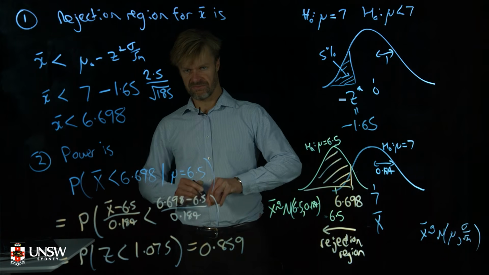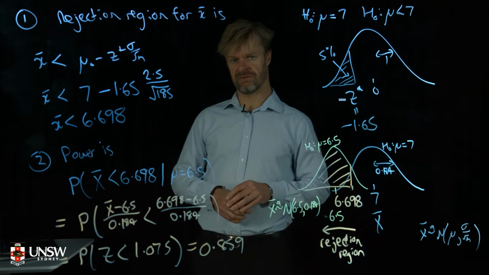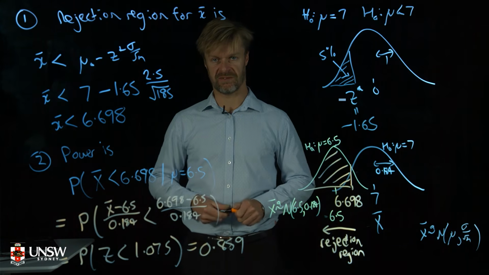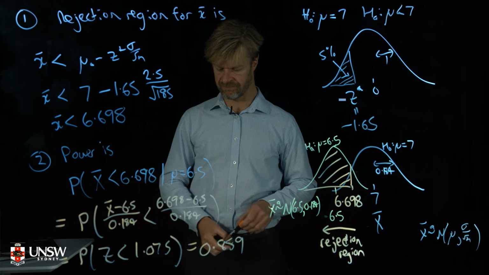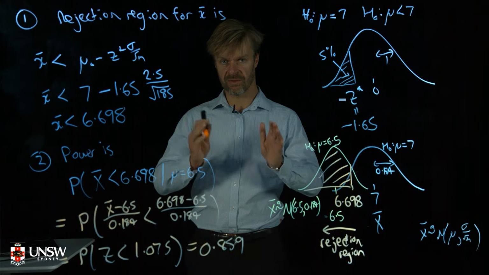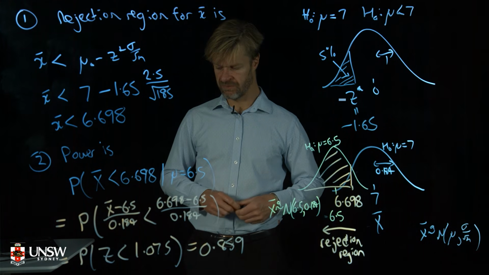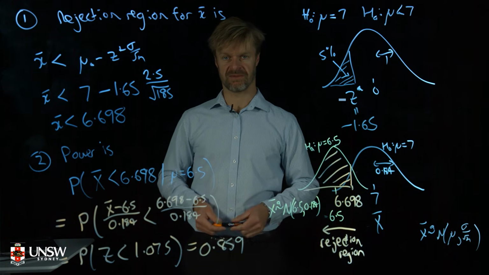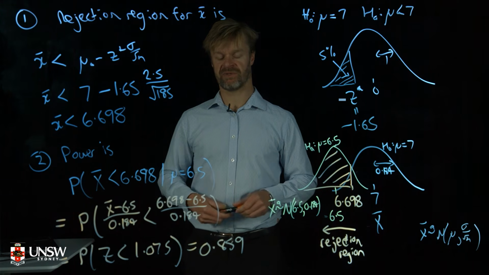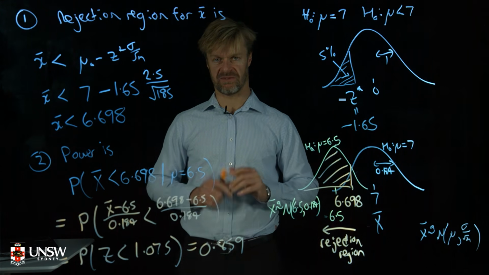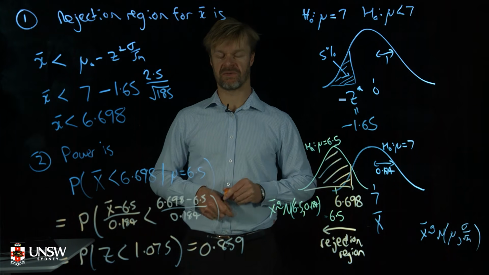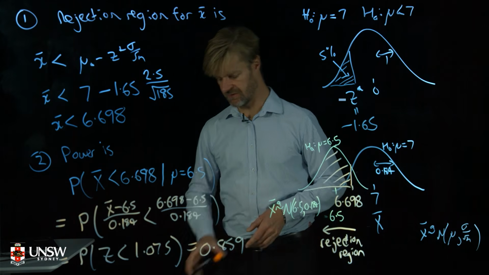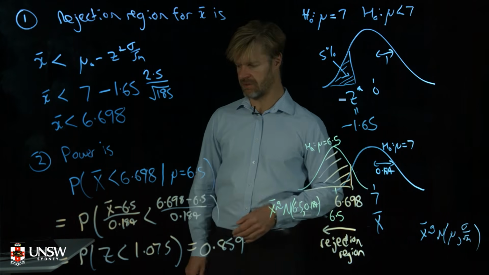So if the truth was that students on average get 6.5 hours sleep, 30 minutes less on average than the Sleep Foundation recommends, then for a sample size of 185 people, where the true standard deviation is 2.5, you've got about an 86% chance of seeing that effect. So 86% of the time when you take a sample of this size, you're going to see that students aren't getting enough sleep. So I reckon that's a pretty good test to have that much chance of detecting an issue.